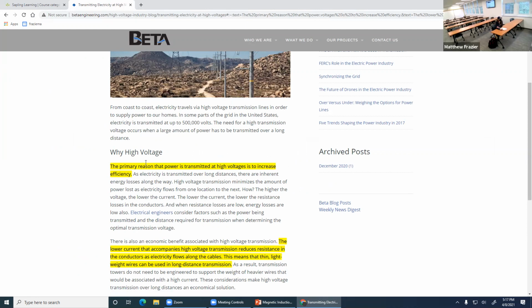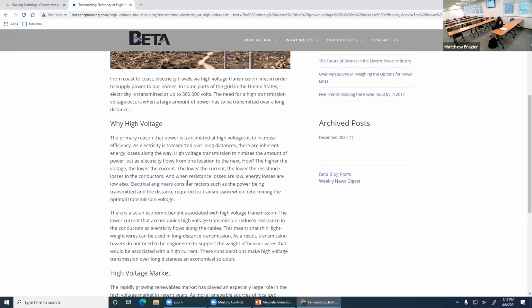What I'm trying to say is that there's energy losses. The high voltage means low current. They're making the same argument I'm making, but obviously I'm not expressing it.